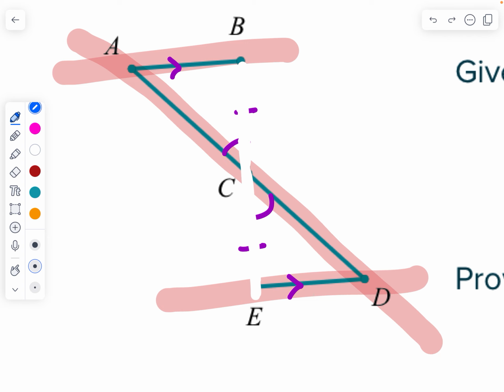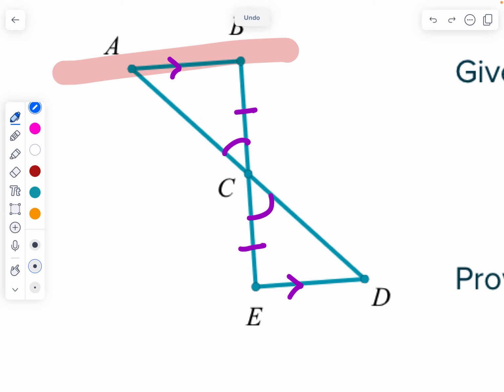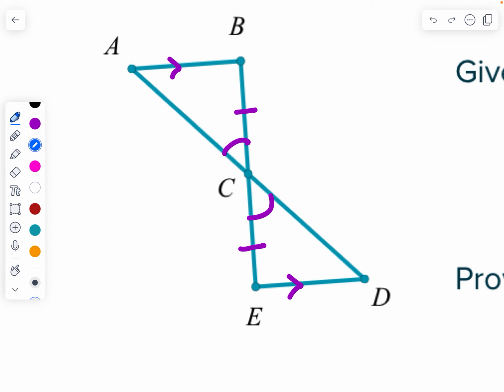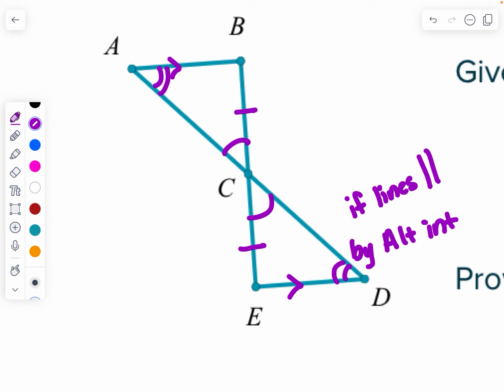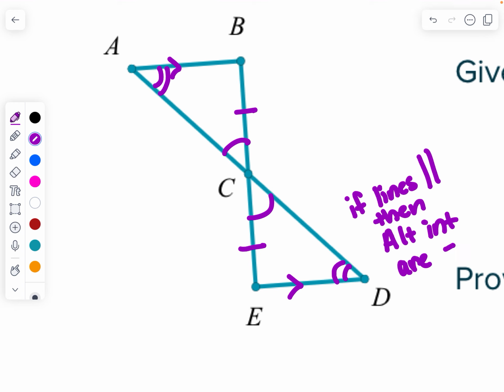So we found some congruent angles. We're going to go ahead and mark them. This one's congruent, we'll mark them with 2 to this one by alternate interiors. In fact, the rule or the reason would be if lines are parallel, then alternate interiors are congruent.